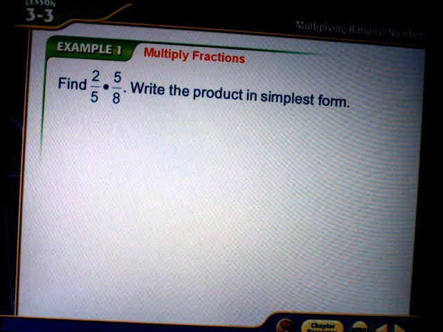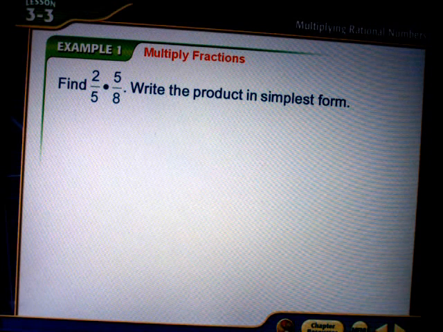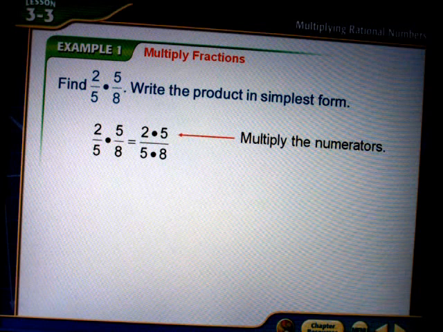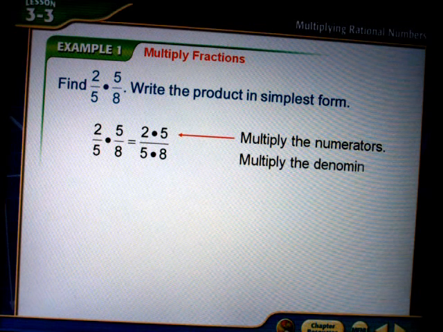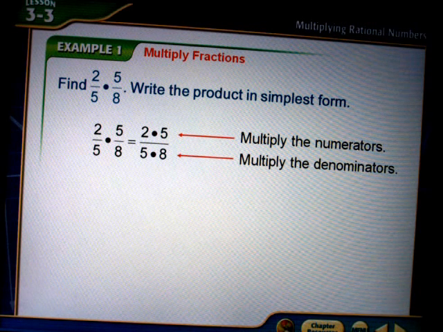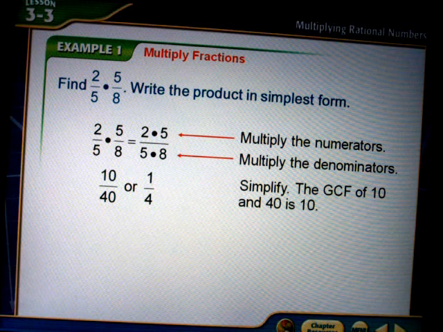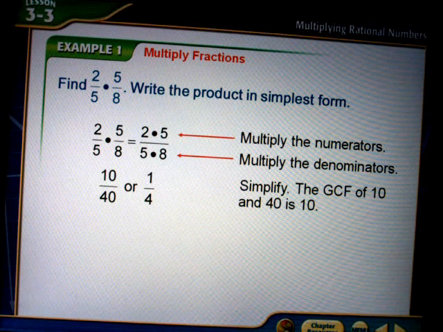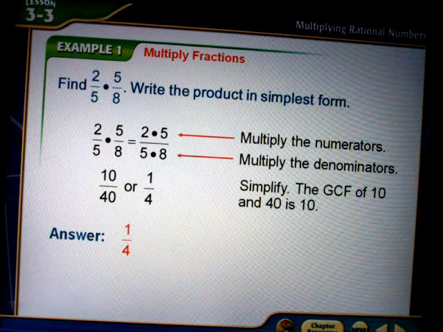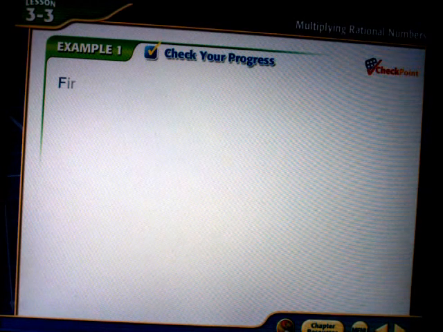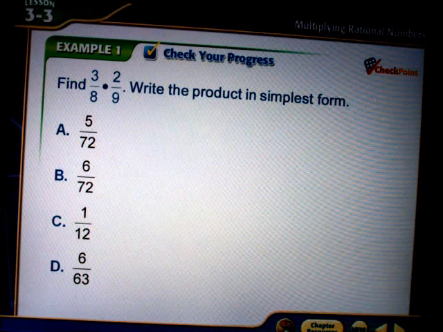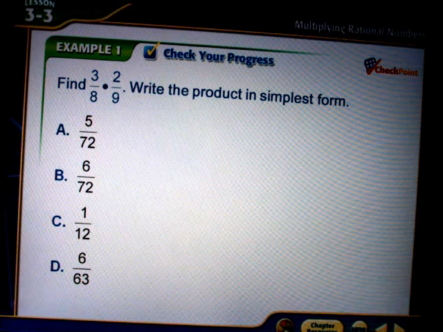So we're going to multiply 2/5 and 5/8, and then write the product in simplest form. We'll multiply the numerators, multiply the denominators, and we will get 10/40 or 1/4. So our answer is 1/4. Alright, so find 3/8 times 2/9, and then write the product in simplest form.